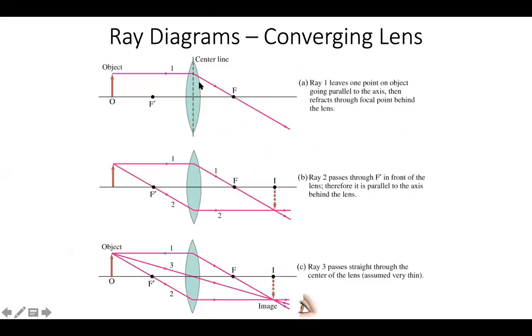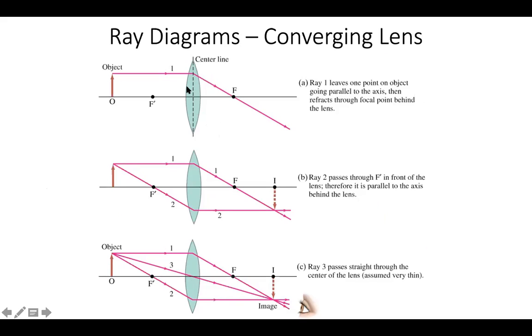You can see the shape of it, and they converge because the light, you can see in our ray diagram, when it passes, ends up converging and causing an image. So ray diagrams, the difference with a converging lens and a diverging lens, which will be convex or concave lenses.